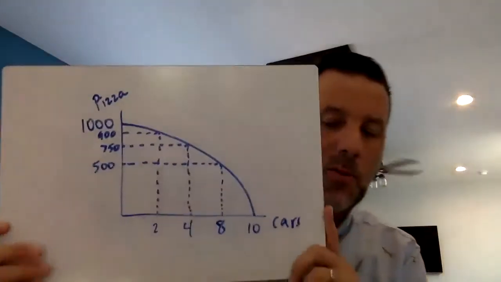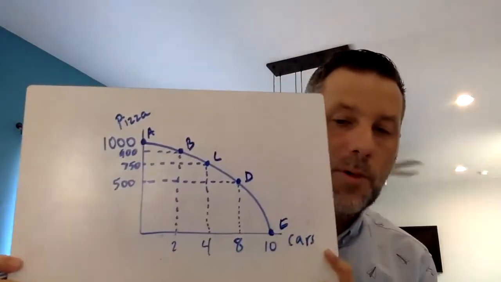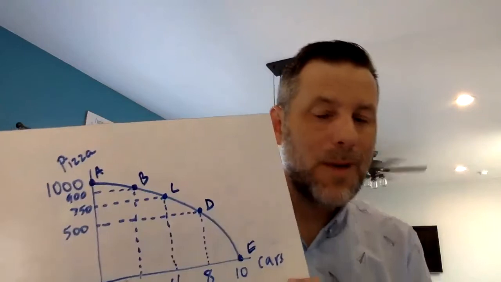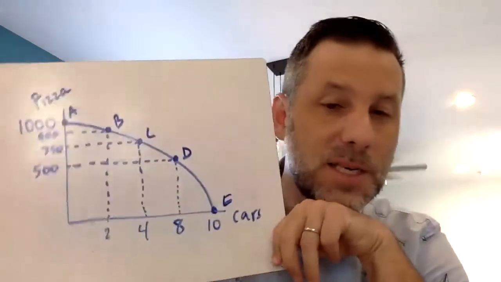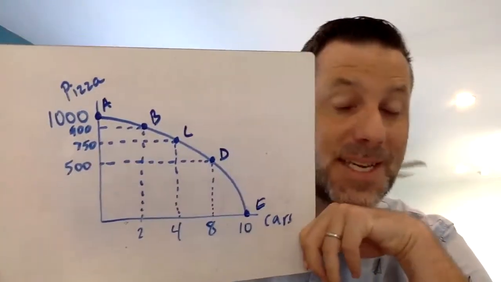Well, with the PPC, I gave you some questions where I had you use the PPC schedule to do that, but you can also use a PPC graph to do this, right? So what I'm going to do is label these points here, A, B, C, D, and E. And let's say I ask the question, what is the opportunity cost of going from D to E?